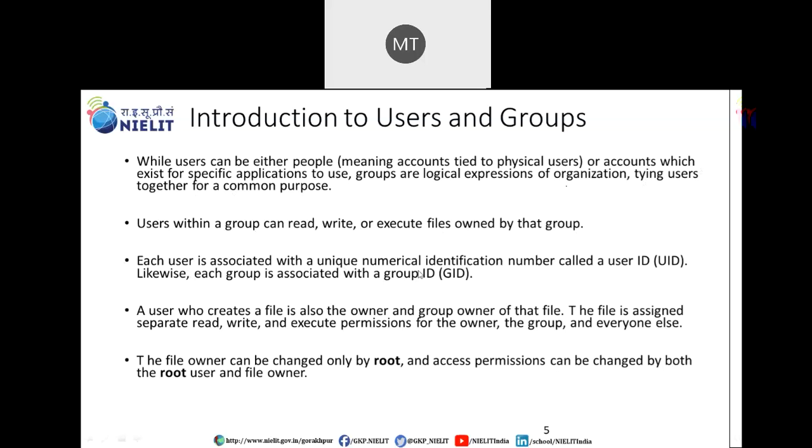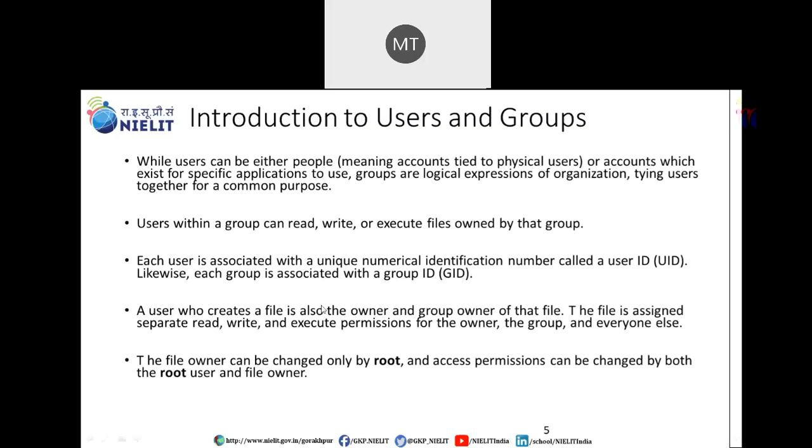Each user is associated with a unique numerical ID known as UID, user identification number. Likewise, each group is also associated with a unique ID that is called a group ID, GID. A user who creates a file is also the owner and group of that file.